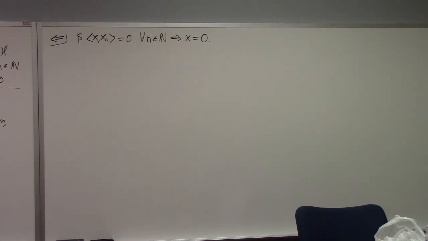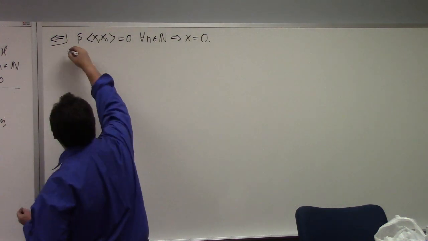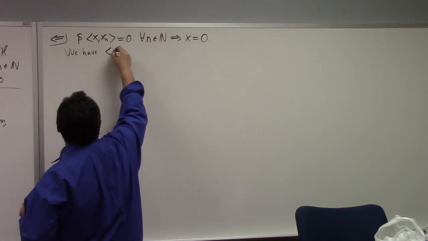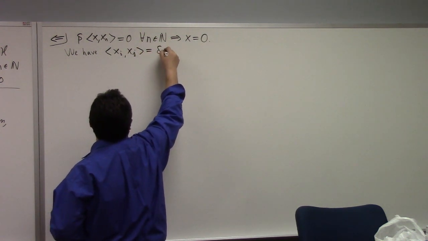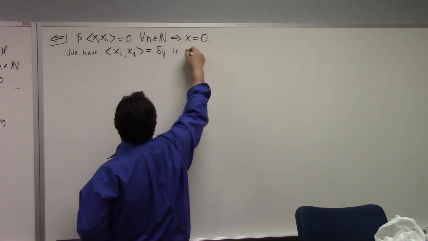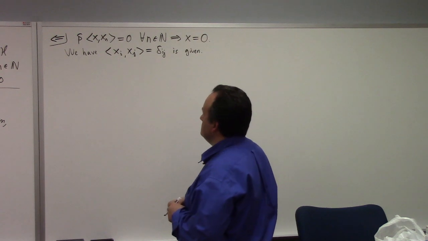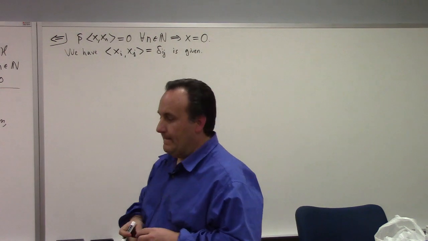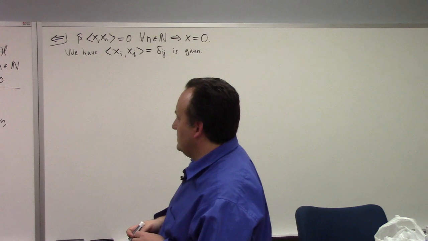So we are presupposing orthonormality of the sequence, so I'm assuming we already have that xi with xj is the Kronecker delta ij. So what does it take to show it's complete?